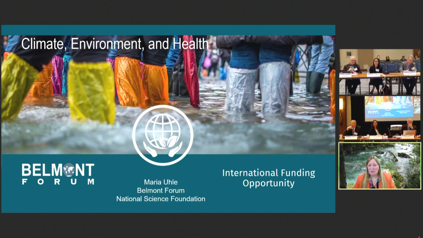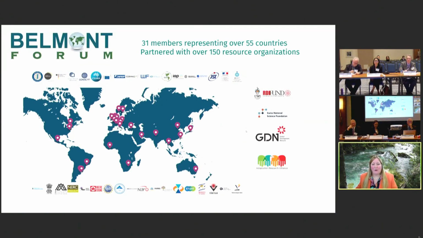And this opportunity is a collaborative research action through what we call the Belmont Forum. The Belmont Forum is a consortium of 31 funding agencies representing over 55 countries. We come together around what we call the Belmont Challenge, and I'll get to that in just a second.